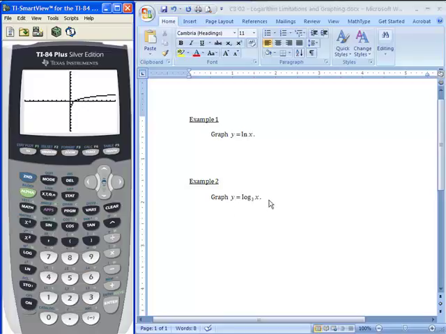Let's remember that we can take y is equal to the log base 3 of x, and we can convert that to an equivalent exponential expression. All right. So I'm going to take this y is equal to log base 3 of x here. I'm going to copy it, and I'm going to move it down here. And I'm going to go in and edit this for a moment.